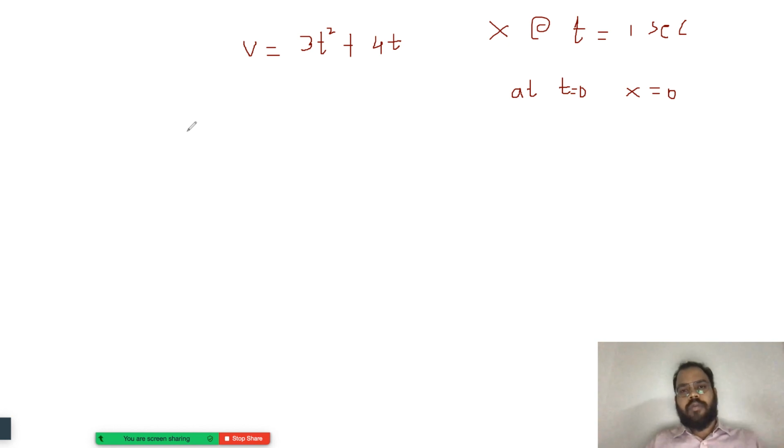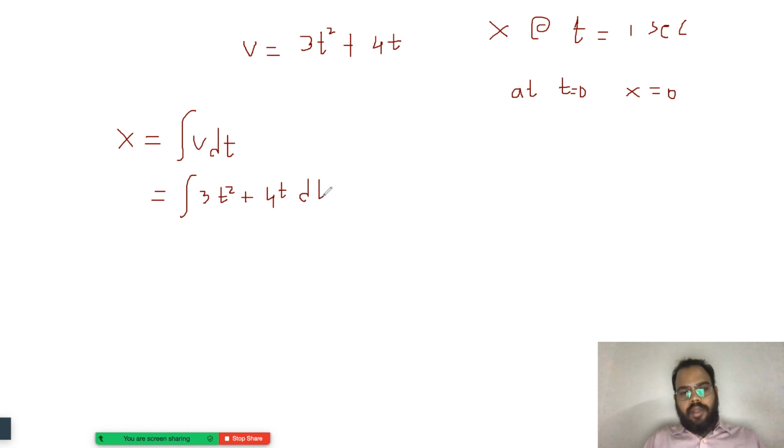In this question we were asked to find displacement, and the information of velocity is given to us. That means we have to move up. So I can write displacement as integral v dt. Then I'll substitute the value of v. So it will be integral of 3t square plus 4t dt.